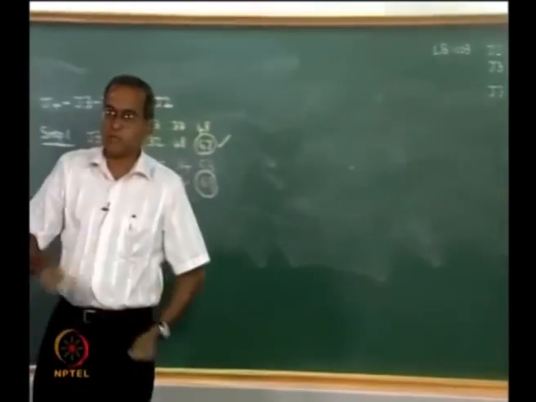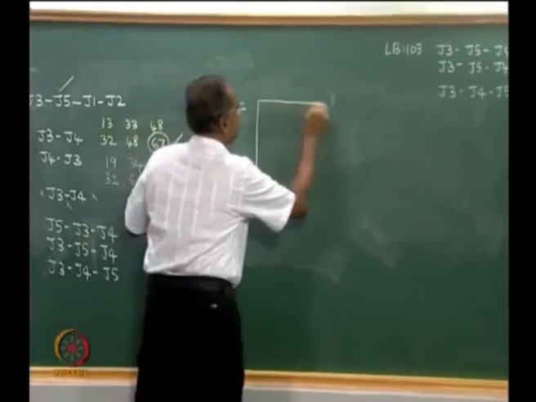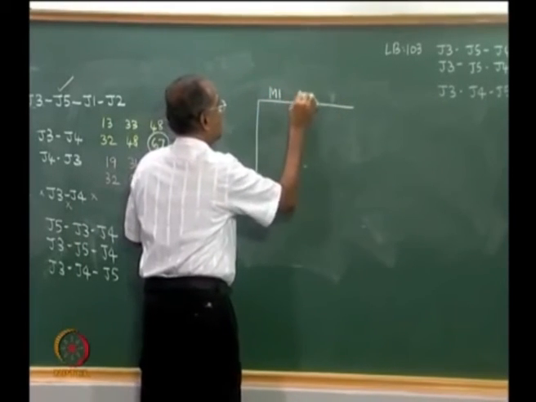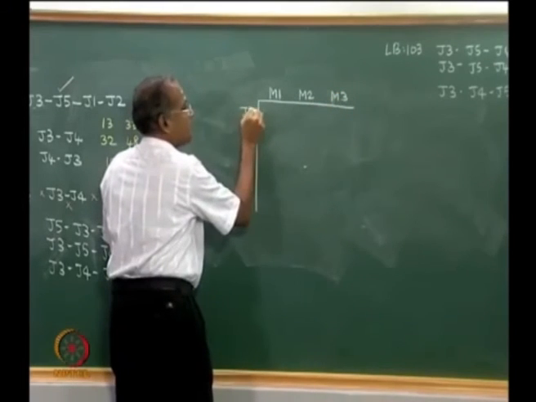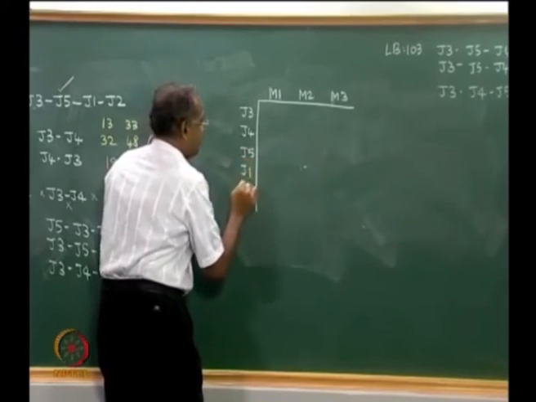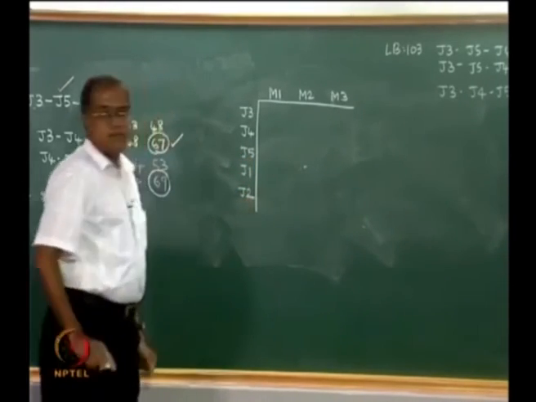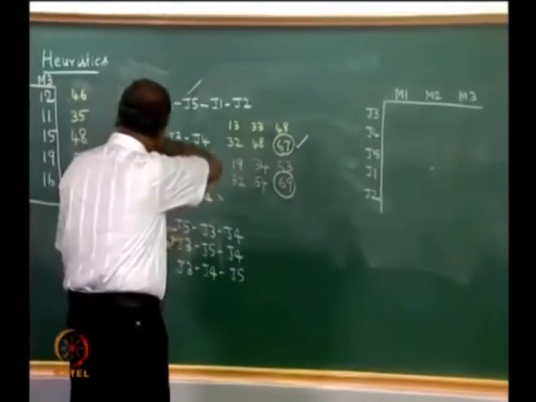Let us compute the make span for this. So we would have M1, M2, M3, J3, J4, J5, J1 and J2. Now let us quickly compute the make span.